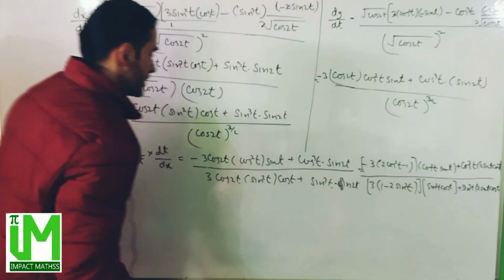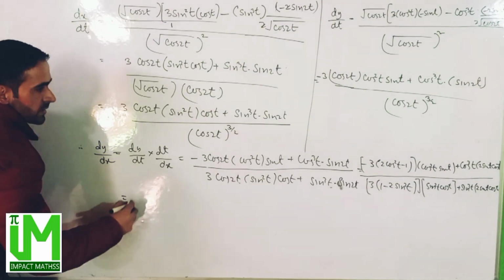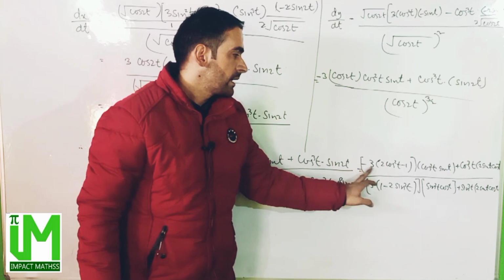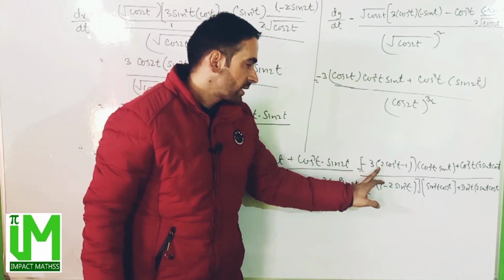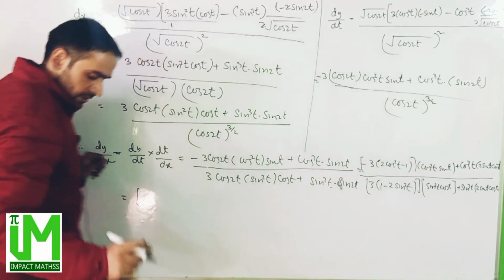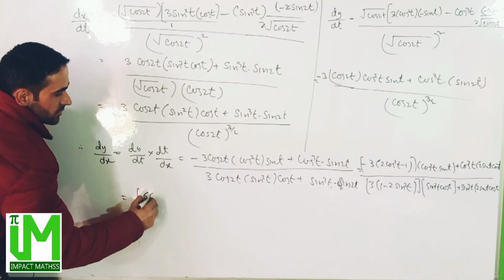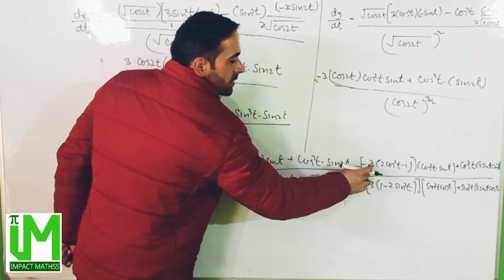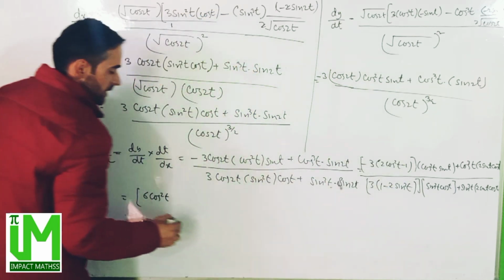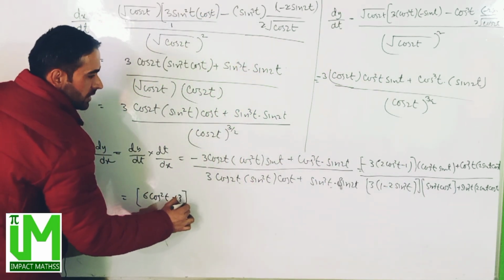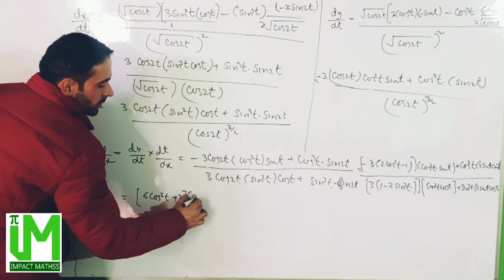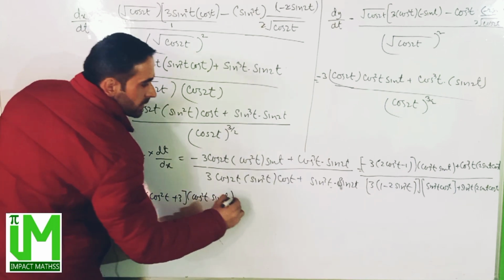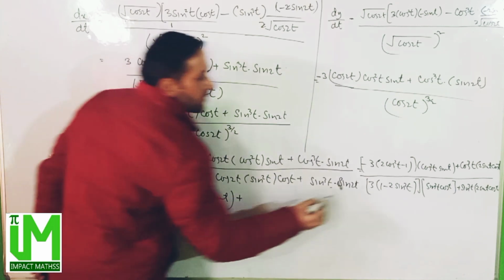Now simplify. So this is equal to minus 3 into 2, that is 6 cos square t, minus into minus will be plus 3 into cos square t into sin t, plus cos cube t.